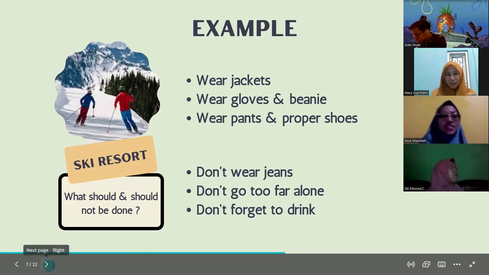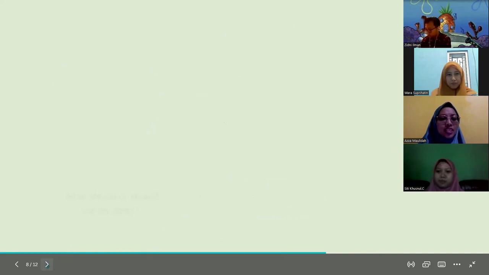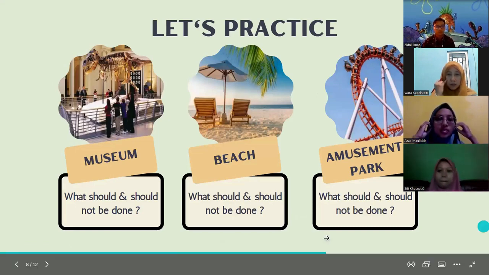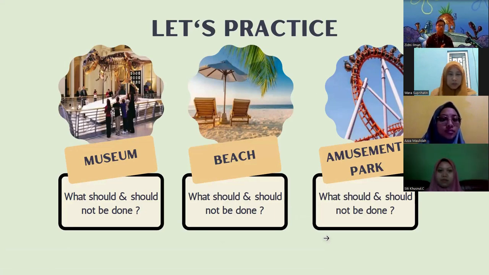Okay, next activity. Let's practice. Here, Miss Hari have got 3 pictures, as I said before, because we are having online class. So it's impossible for me especially to show the flashcard. So as an alternative, I show you 3 pictures.